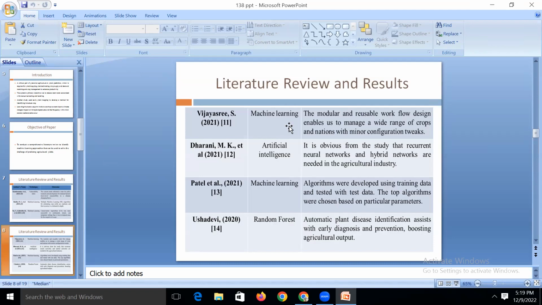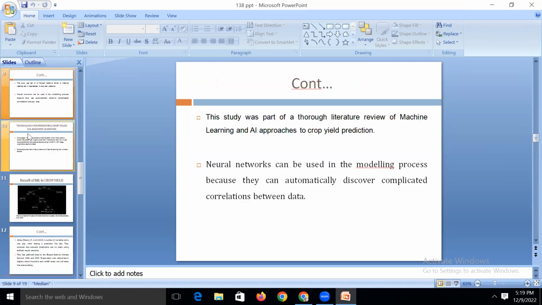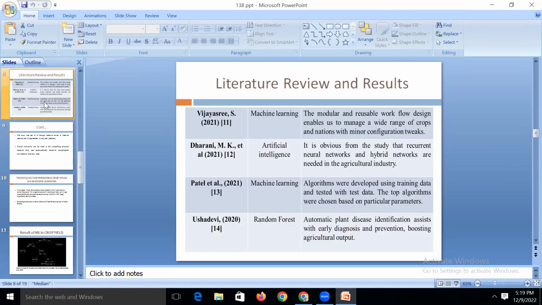She has also used machine learning techniques, and the modular and reusable workflow design enables us to manage a wide range of crops and nations with minor configuration tweaks. Some other research works and literature I have reviewed are in my table.